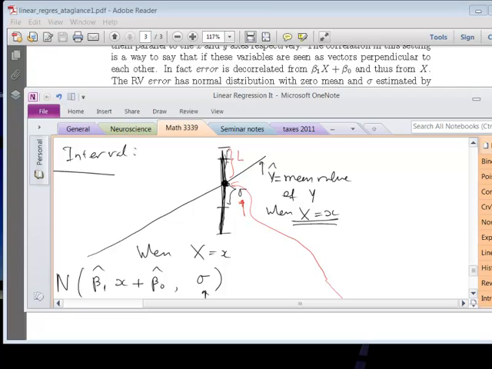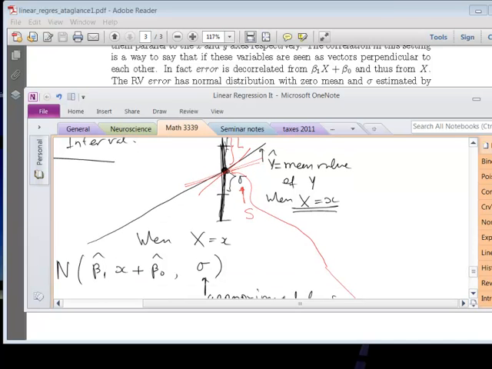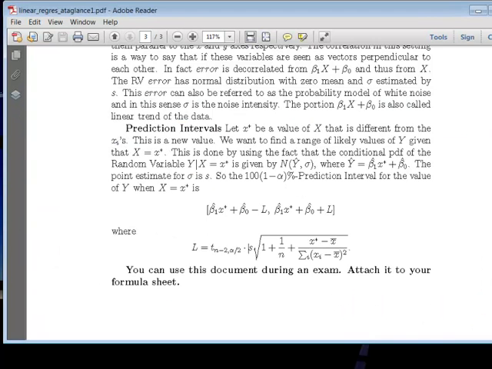However, the values now have to be corrected because this sigma is estimated by lowercase s, and the uncertainty in the slope, which makes this straight line, instead of going like this, go like this, creates an extra variation here, and this is actually why we take this bigger L, which was given by this particular formula.